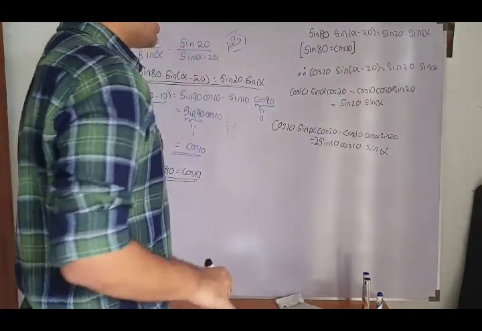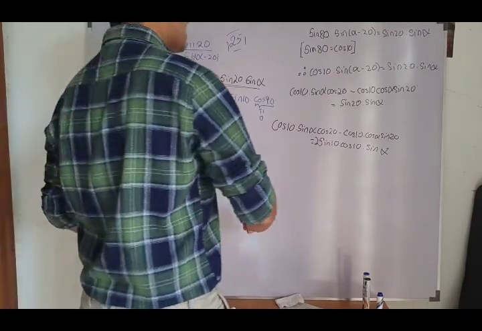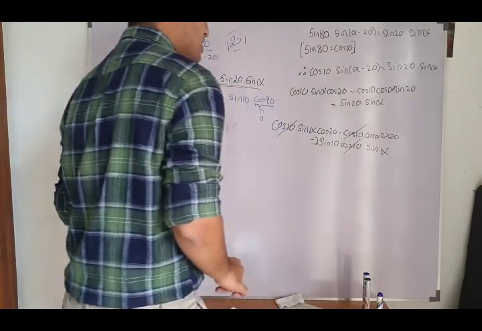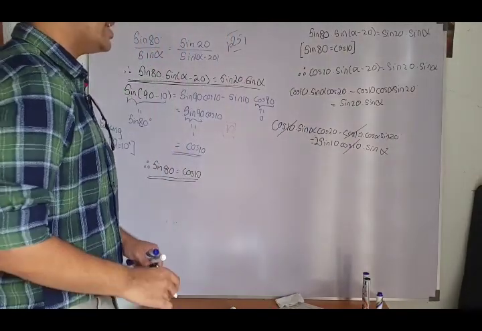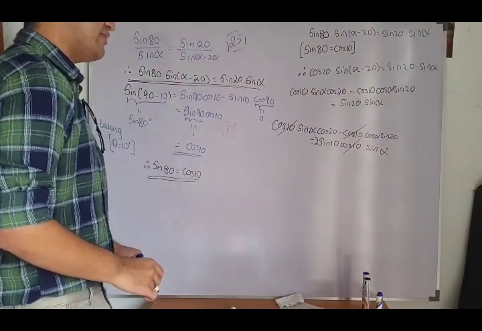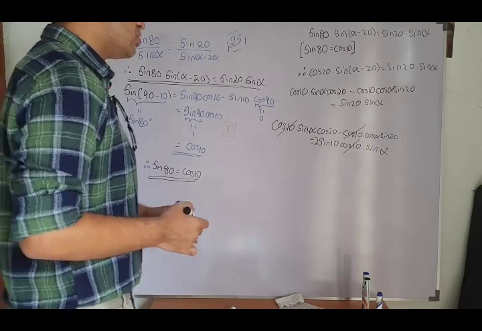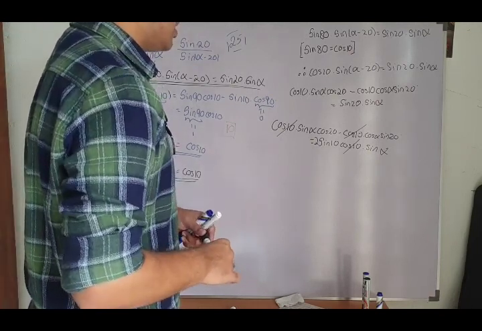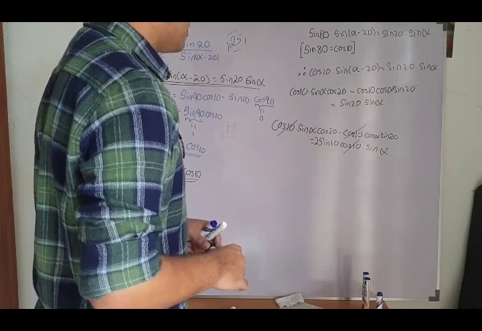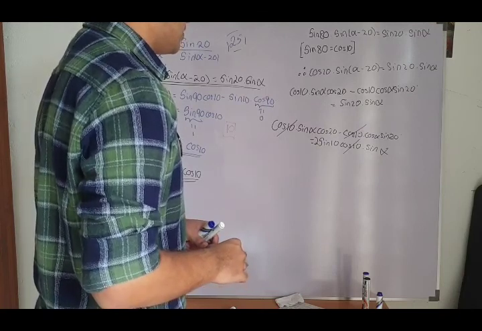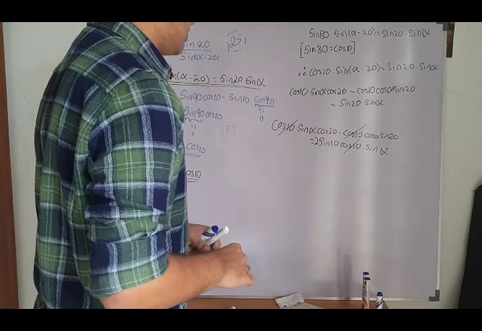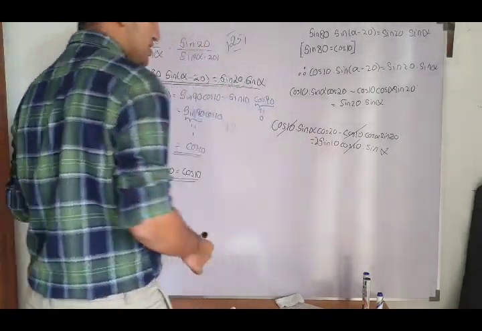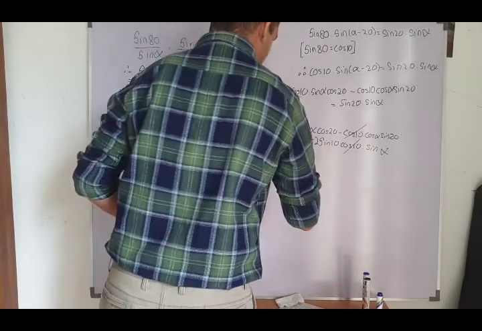Now you can cancel off all these cos 10 values from the right hand side and the left hand side. Now let's divide this by cos alpha.